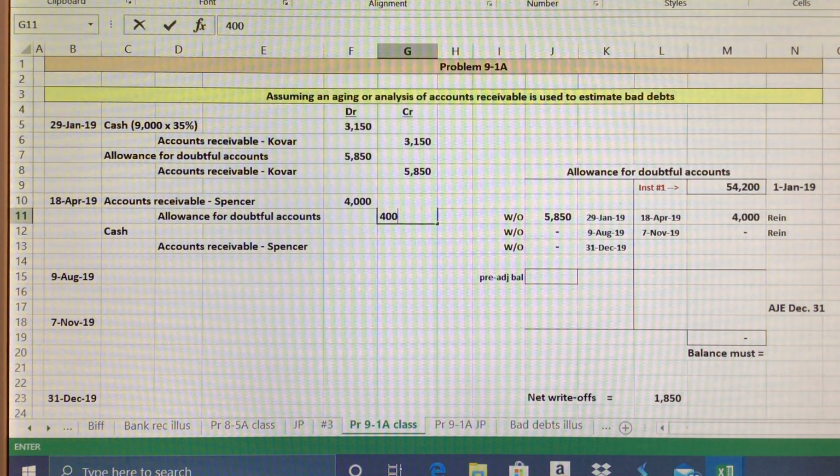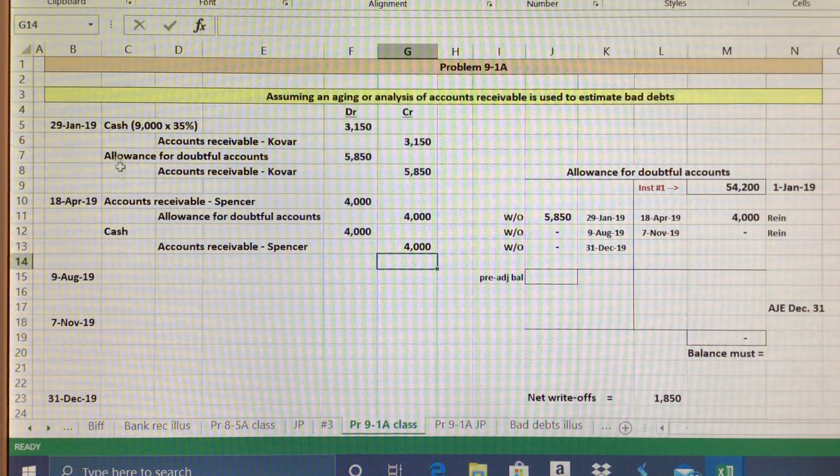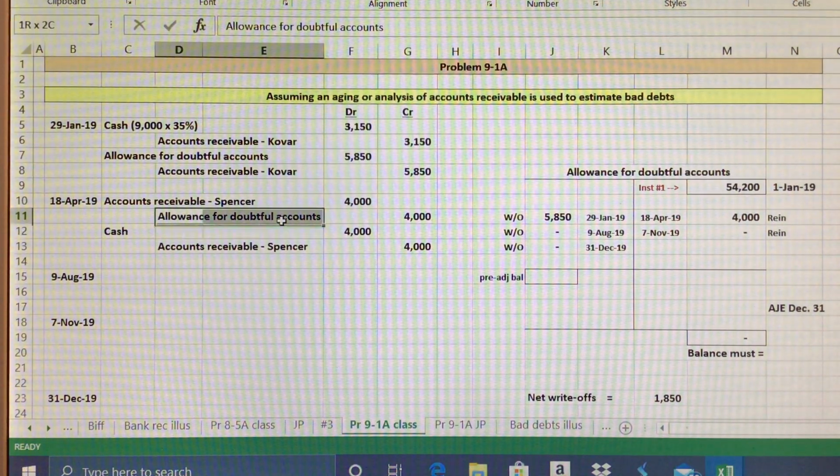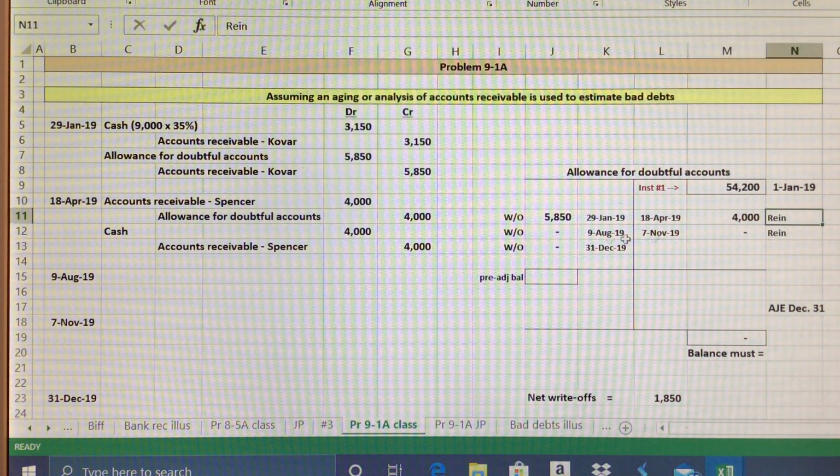Then we collect the money. This is standard collection on account. Debit your favorite account, cash. Credit the accounts receivable. And the observant student will note that the credit to the allowance for doubtful account has been posted over here. It's a reinstatement. So you're going to have write-offs on this side, and we're going to have reinstatements on this side, which is the credit side.